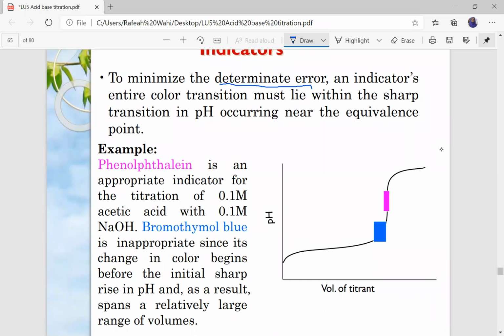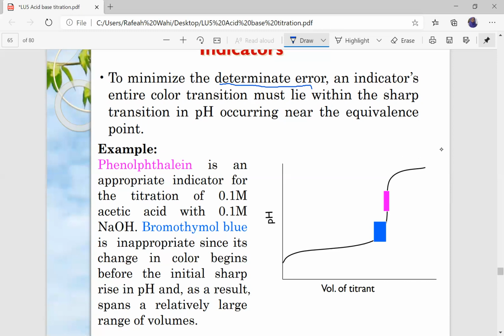For example, phenolphthalein is an appropriate indicator for the titration of acetic acid and sodium hydroxide. Okay, whereas bromothymol blue is not suitable since its color change begins before the initial sharp rise in the pH, and as a result spans a relatively large range of volume.